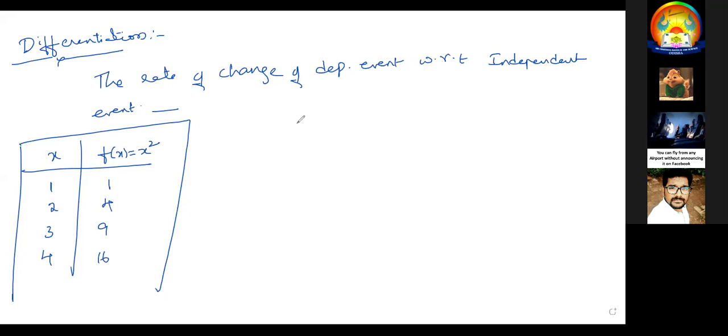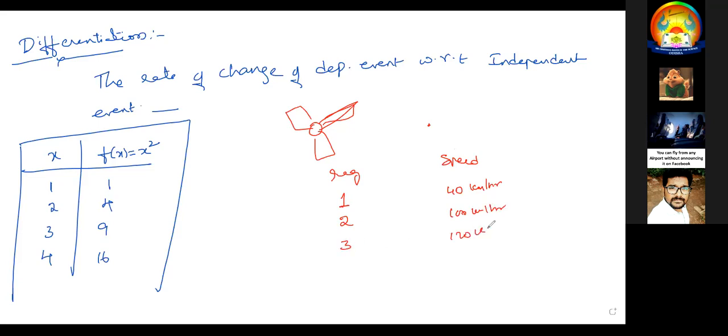An example: in our home, there will be a fan and there will be a regulator. If I keep the regulator at 1, fan speed will be, suppose, 40 km per hour. If the regulator is at 2, fan speed will be 100 km per hour. If regulator at 3, it is 120 km per hour.